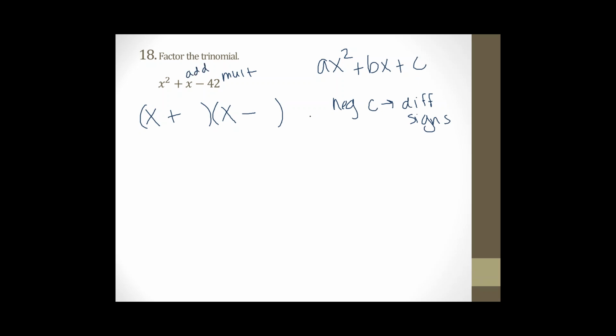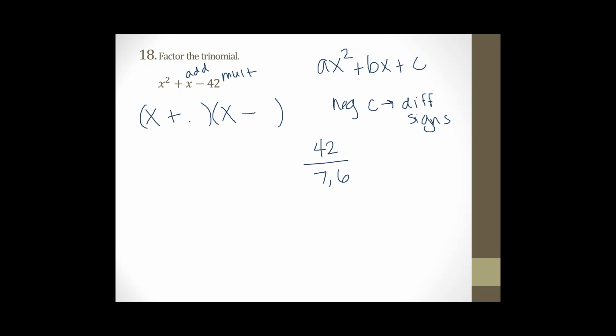to give us 1. So if we think of factors, or 2 numbers that multiply to give us 42, 7 times 6 is 42. Now I need to add the 2 numbers together to get 1, and they need to multiply together to get negative 42.